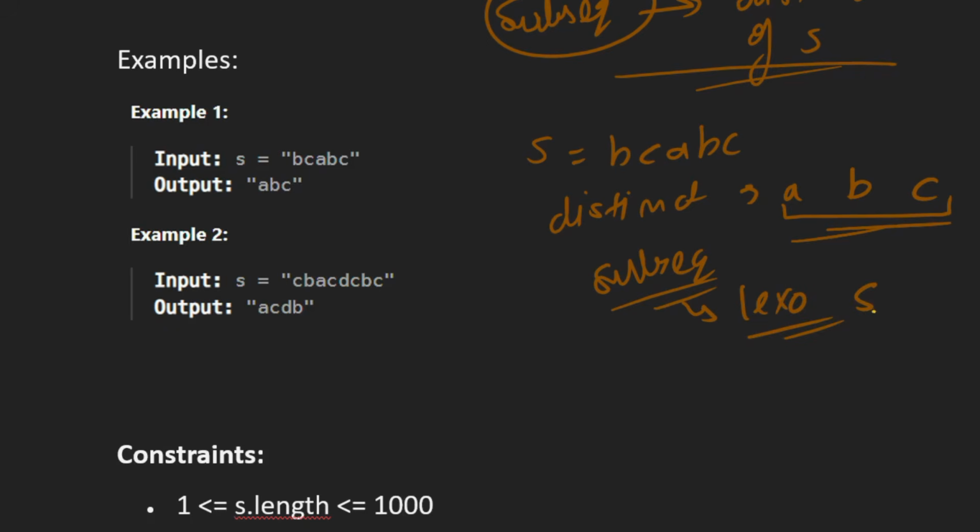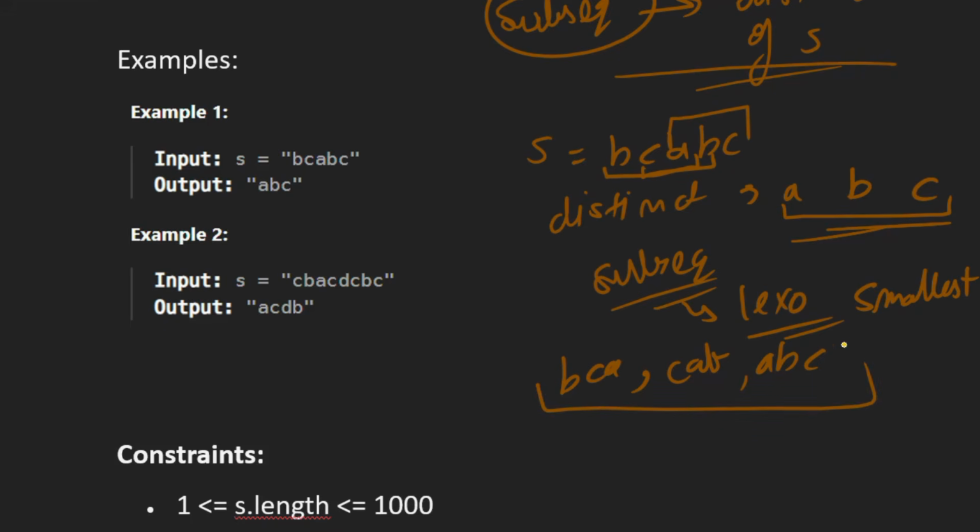That is what we want. We can get bca, cab, or even abc. Which one is the lexicographically smallest among these? abc is the lexicographically smallest, so that is our answer.